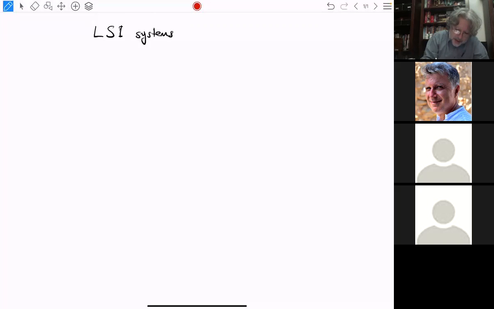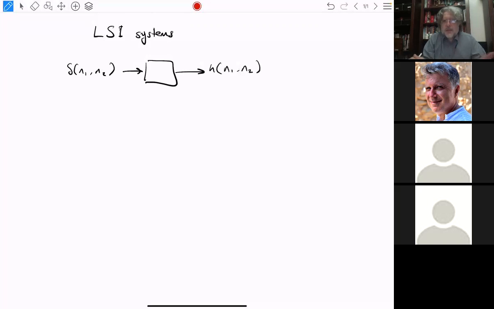So we have a point going into the linear and shift invariant system, making a point spread function, which can be considered as the impulse response.